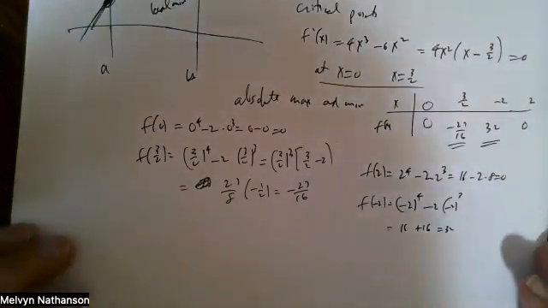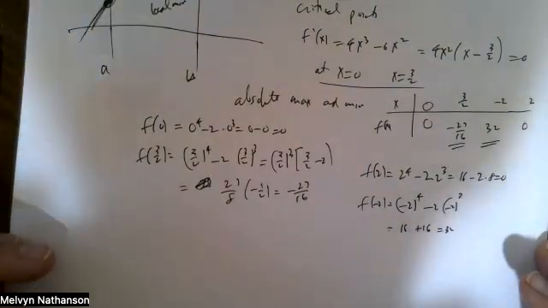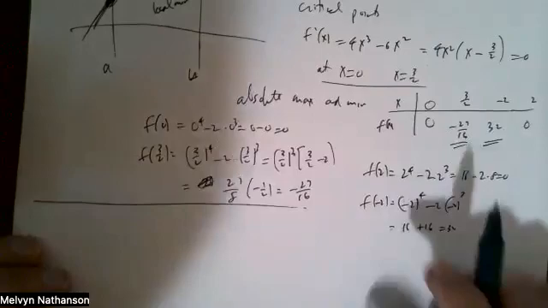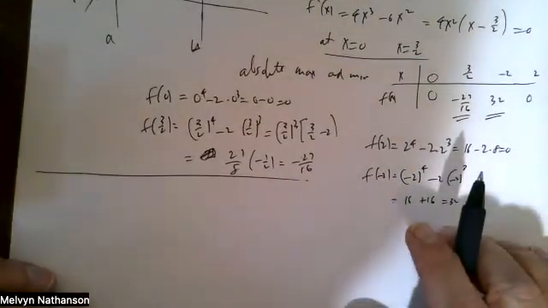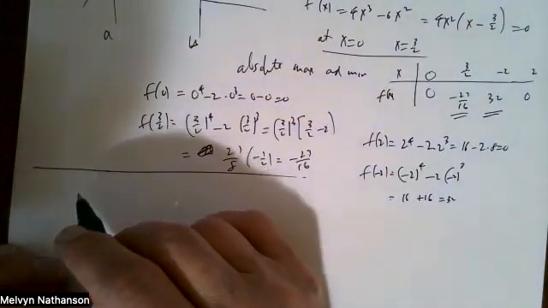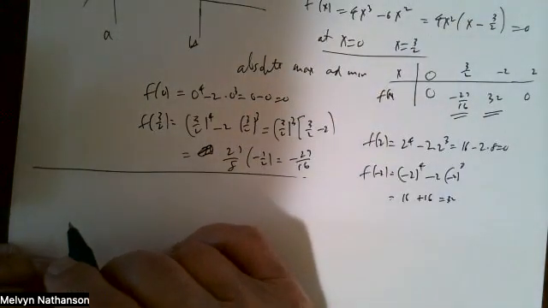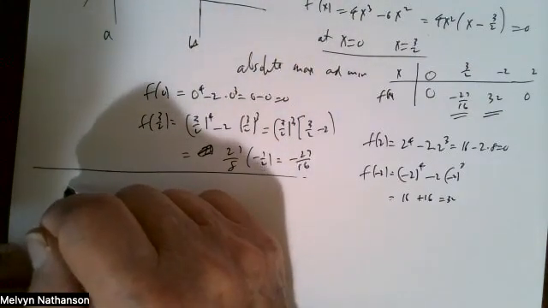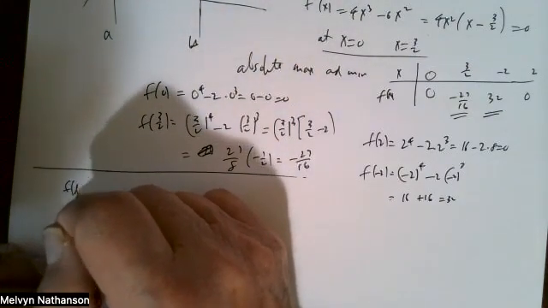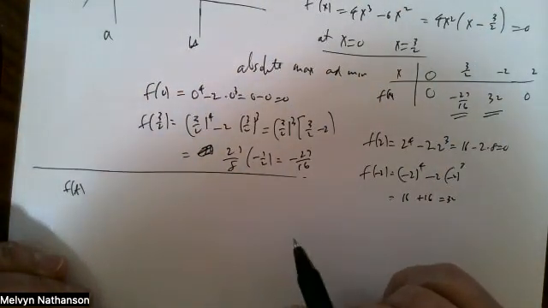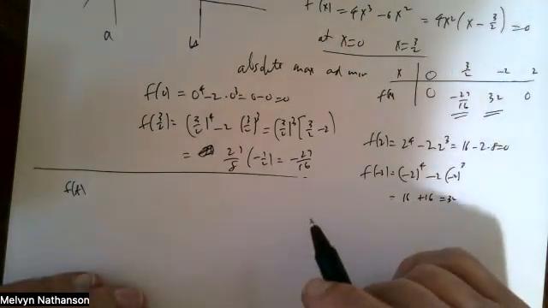Any questions about this? Let's look at another example. This is a simple example about the motion of a particle. Suppose at time t, f of t is the height of a stone that's thrown vertically upward above a bridge.